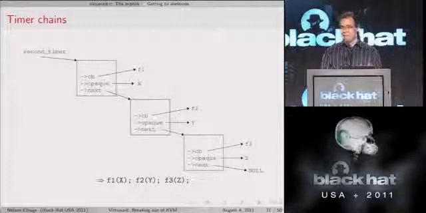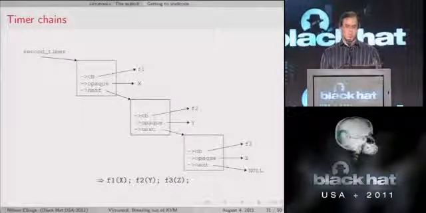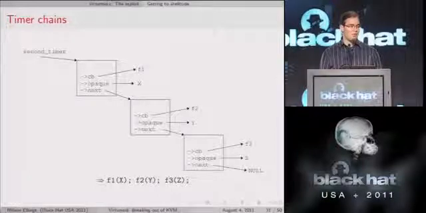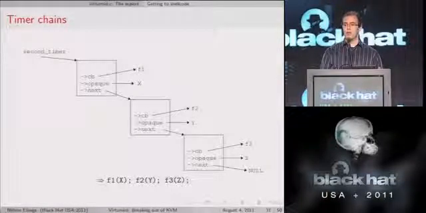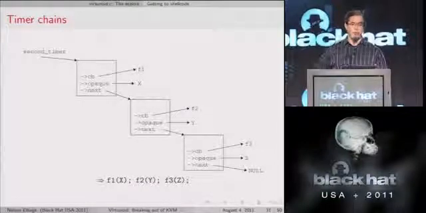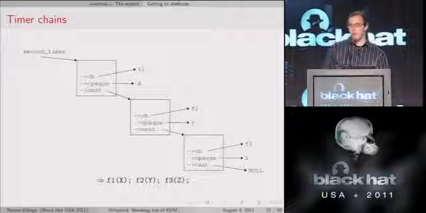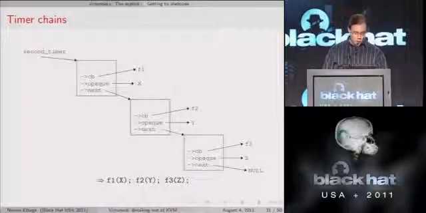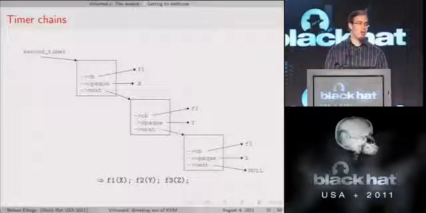And then if we set up this sequence here, what that results in is we call f1 of x, f2 of y, f3 of z, and we can chain arbitrary one-argument function calls in the host. So it's a similar technique to ROP in that we're reusing fragments of code from the host, but with a slightly different flavor.